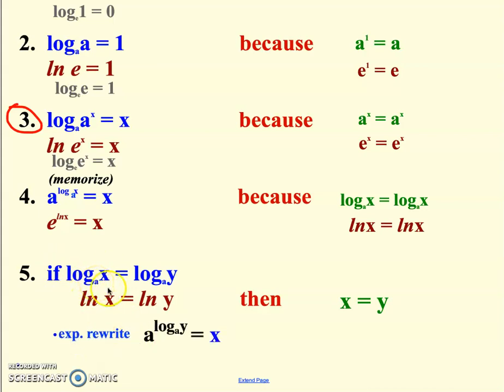Base a, so a to the exponent equals numbers. So base to the exponent equals numbers, what you see here. And then I apply number 4 to it and say, well, that thing actually is equal to y, then y is equal to x. Now, you don't have to have this whole thought process memorized, but it's just saying here's how it works. But again, a useful tool when we're solving. And we'll get to that a couple sections down the road.